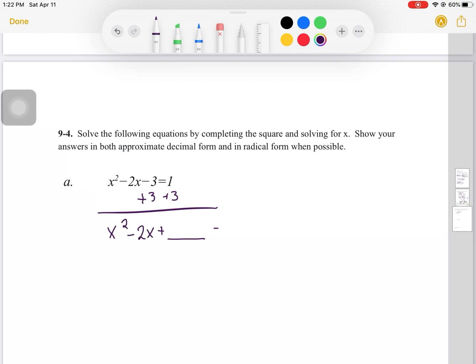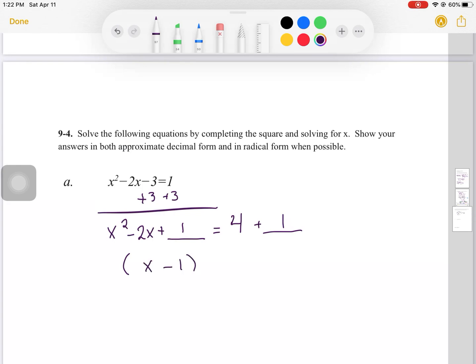You guys are going to see that in a second. I'm going to make this plus blank because I know I'm going to add something on there. Equals 1 plus 3 is 4 plus something. I take half of negative 2. Remember, it's half of that middle term. So half of negative 2 is negative 1, and square it. So it'd be plus 1, and I need to add 1 to the other side as well.